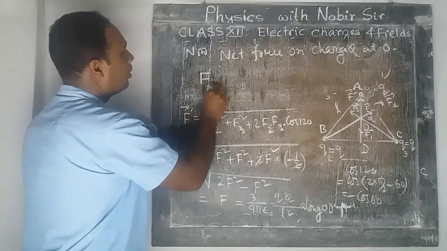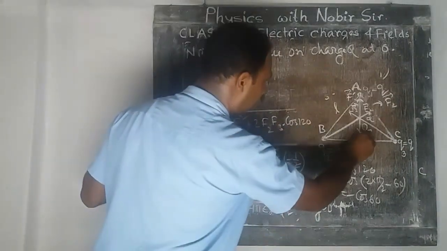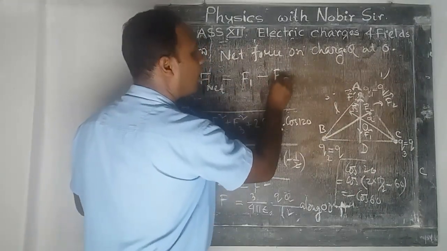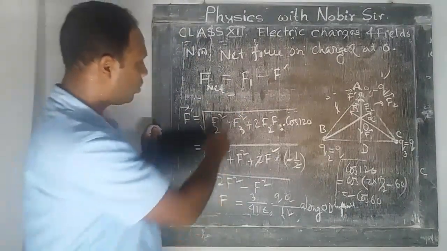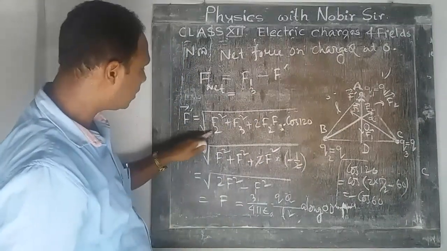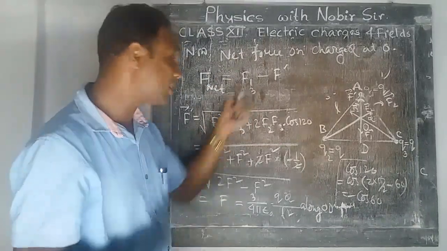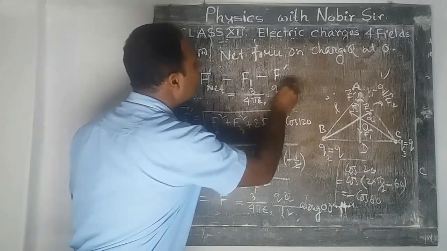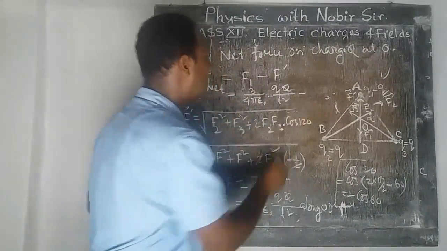F net is equal to one vector, F1, minus the other, F dash. So what will be the total? What is the value of F1? F1 means the modulus of F1, the magnitude of the F1 vector. It was 3 by 4 pi epsilon naught small q capital Q by L square, minus F dash.